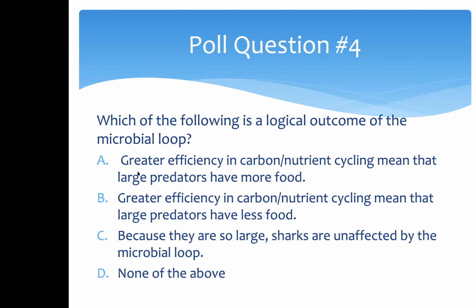So I think it's the way I phrase this in the sense of talking about efficiency in nutrient cycling, right? And we tend to associate that positively. But why is B the correct answer instead of A? Why would this efficiency or the loop cause it to be bad for large predators?